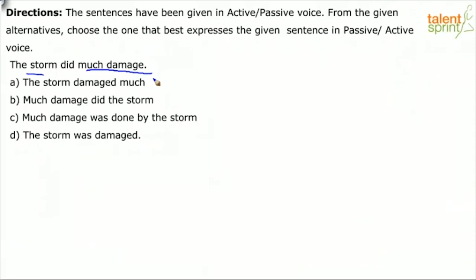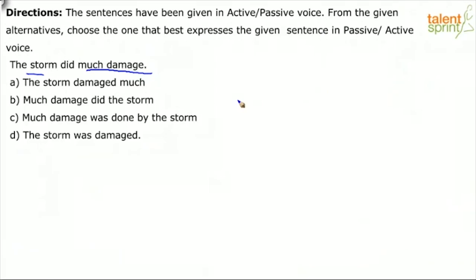That kind of takes the first place when you convert it, when you change from active to passive. That's what happens, right? So if you look at the options, you still have in option A, the storm damaged much. So you understand that cannot be the case when you're converting it to a passive voice, right? So much damage needs to take the first place in the sentence, the passive subject. So much damage was done, and we understand the form.